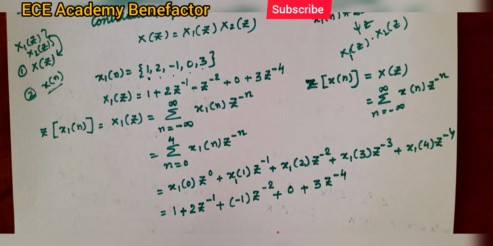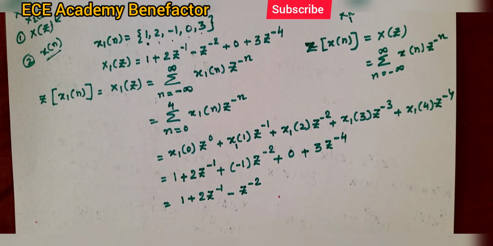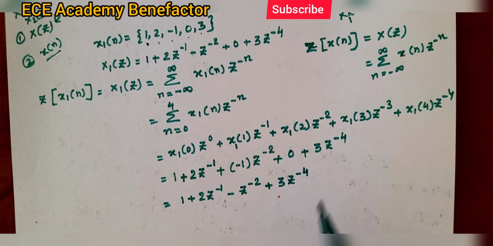So we can write it as 1 plus 2 z to the power minus 1 minus z to the power minus 2 plus 3 z to the power minus 4.